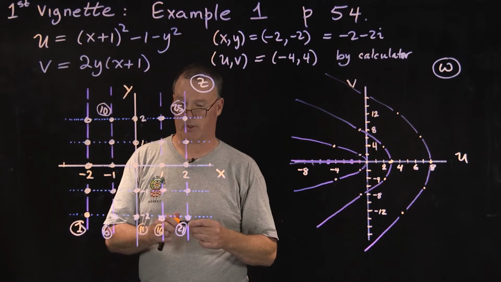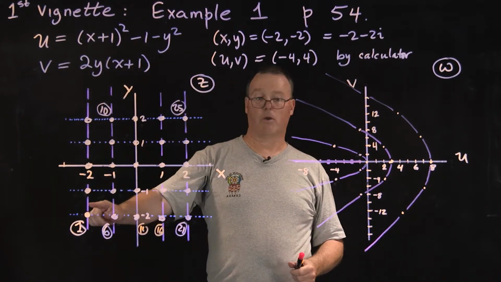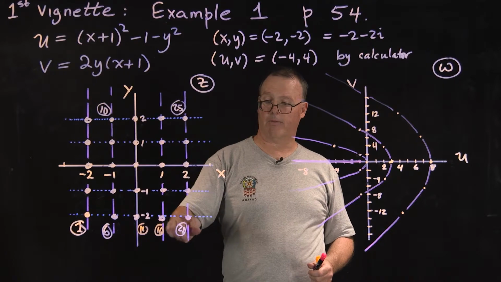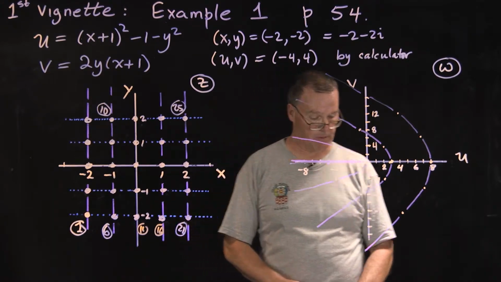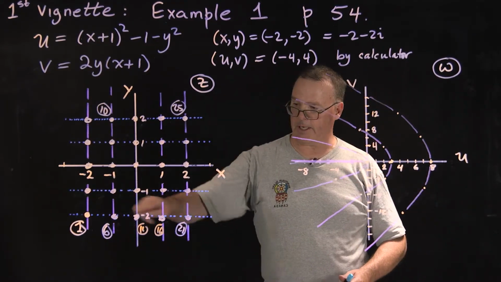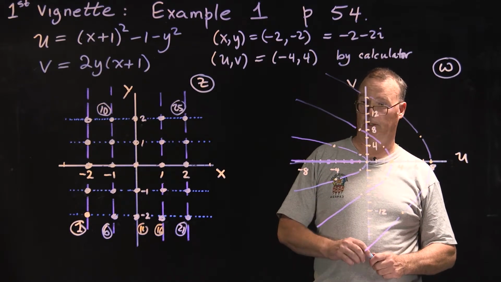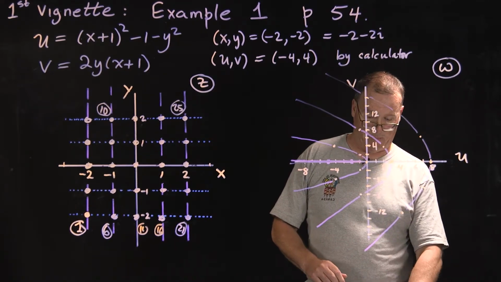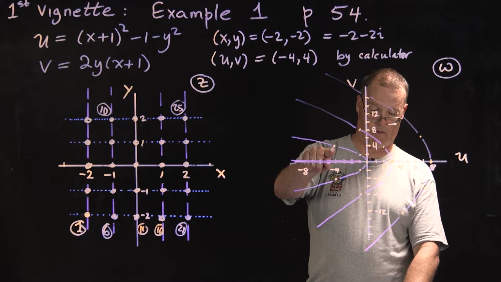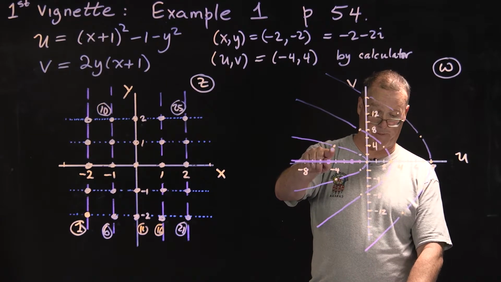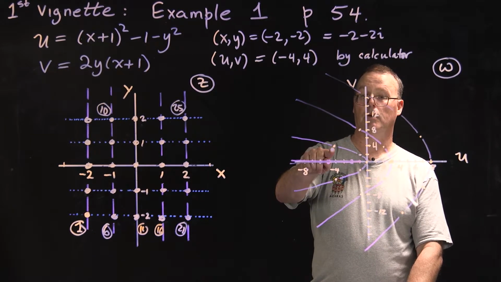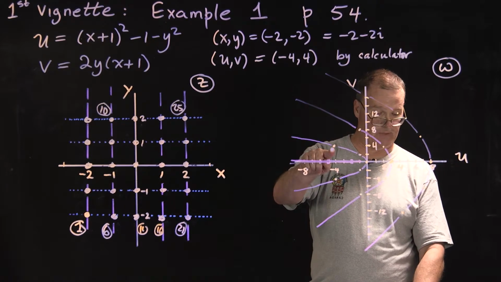So let's go from 1 to 6 to 11 to 16 to 21 and see what happens. And because this line is blue, I'll try to draw a blue line here. So 1 was this one, -4 and 4. 6 was -5 and 0.